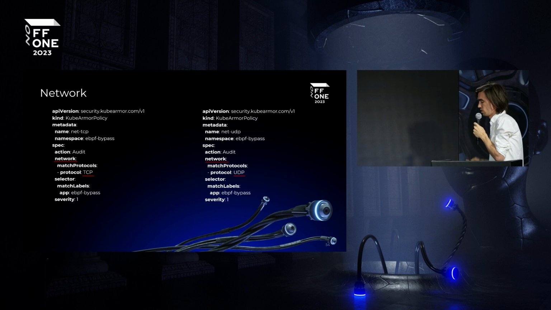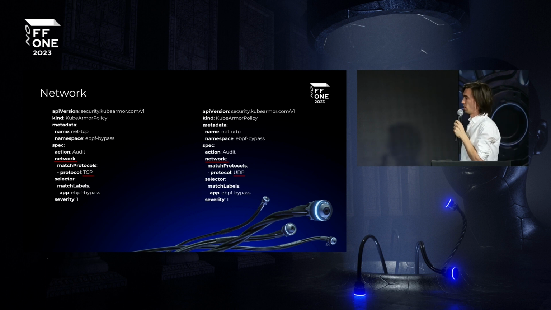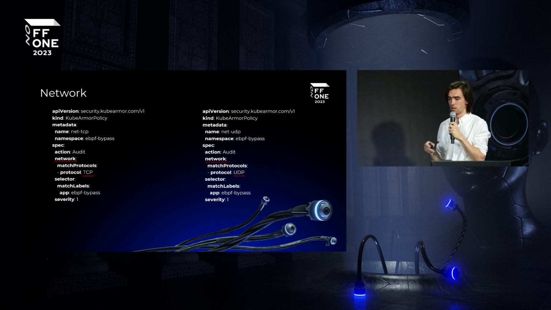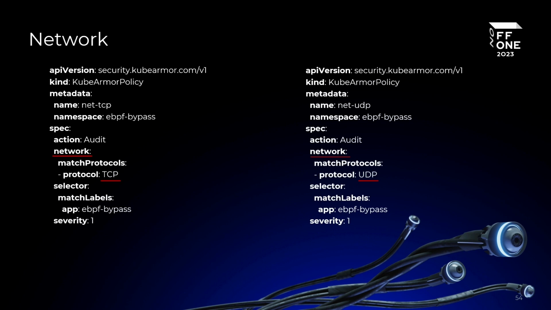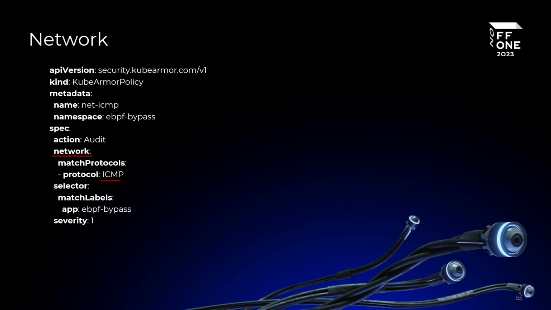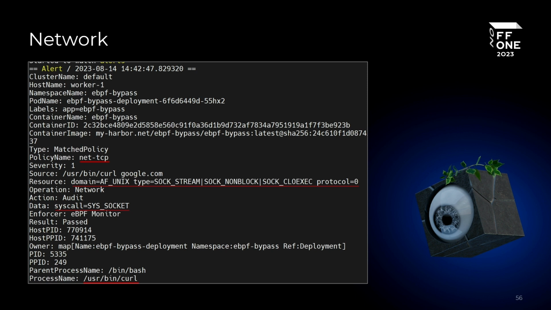And now let's talk about the network part of KubeArmor. It allows us to register 3 different types of protocol: TCP, UDP, and ICMP. And it just registers the protocols without using filters on destination, source, and the port. And I specified the relevant policies, for instance, ICMP, TCP, and UDP registration.